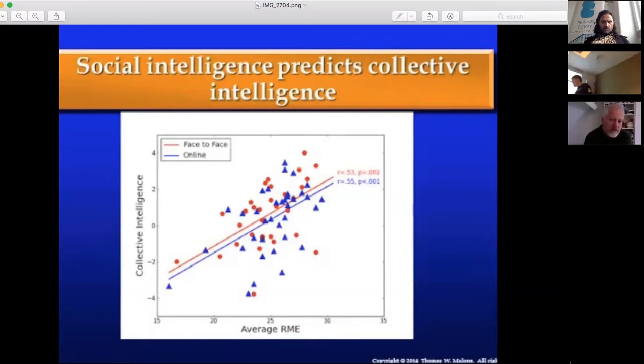So roughly you can see there's not much of a difference between the red line and the blue line, which was kind of surprising. And also in this presentation he said, even if people don't see each other like we do now, they just do it with text, if they are socially sensitive, emotionally sensitive enough, they can read between the lines of even simple text messages.